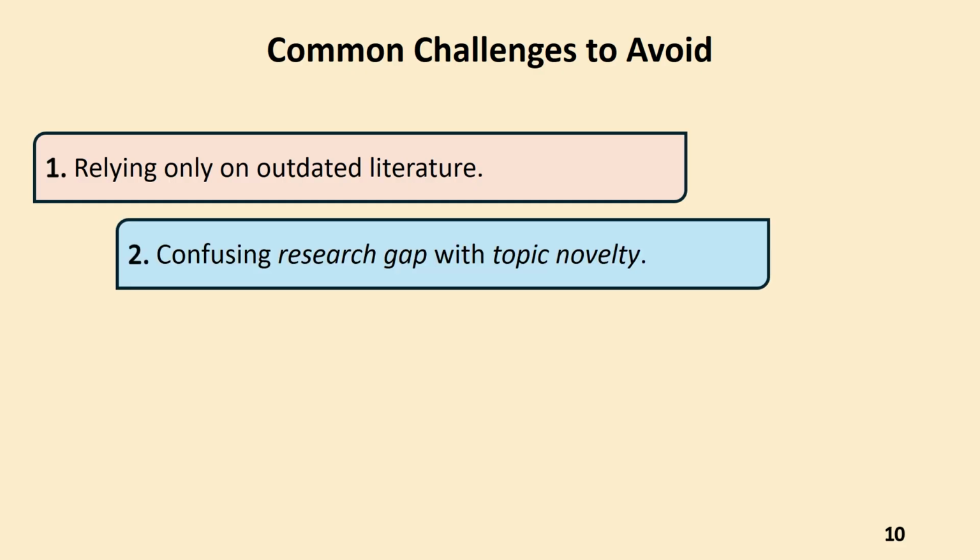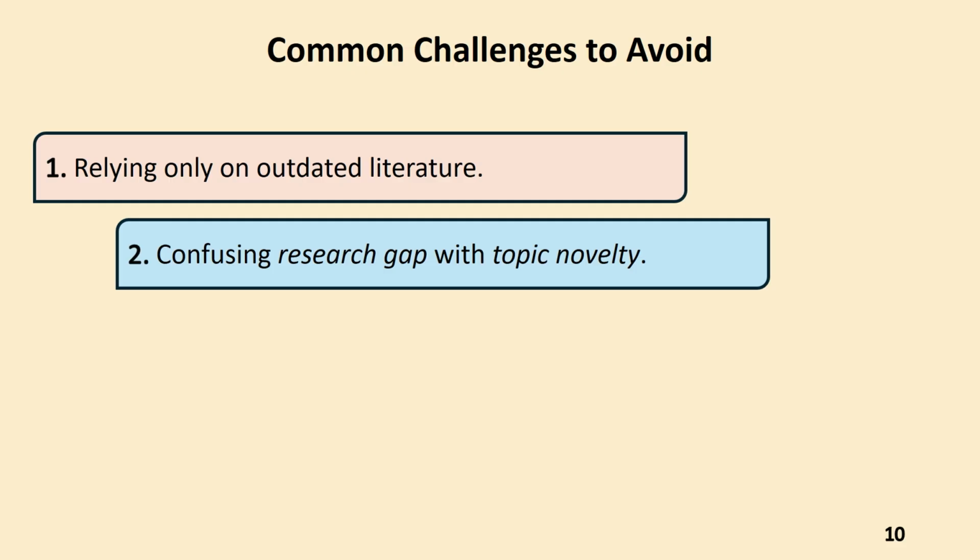Confusing research gap with topic novelty. This is also interesting. You may have a research gap which seems very novel, very creative, but as a researcher you have to make your own decision whether this is researchable or not.